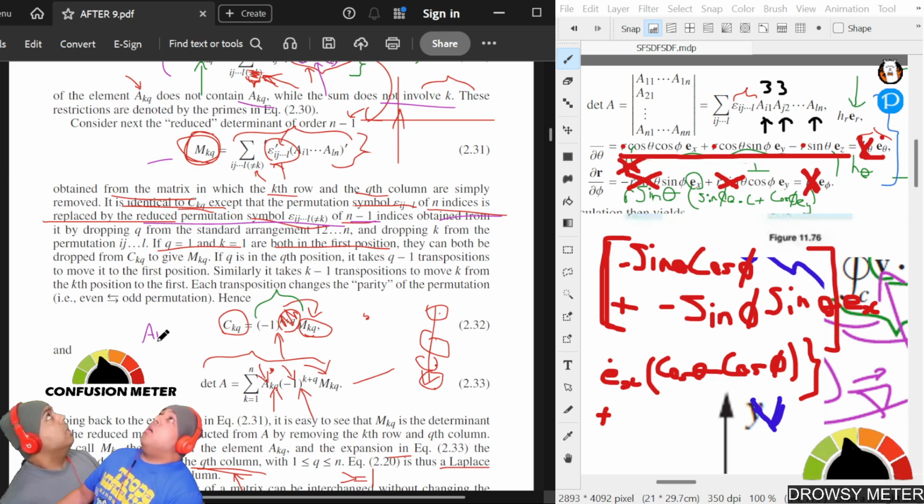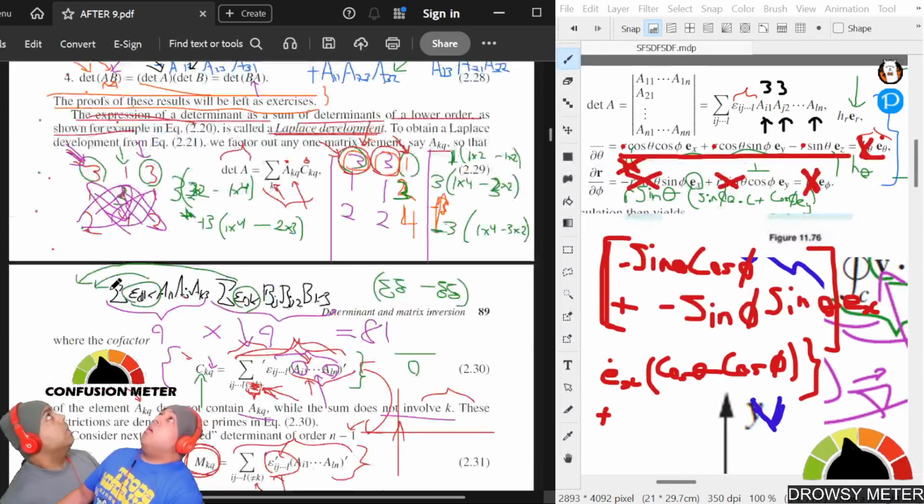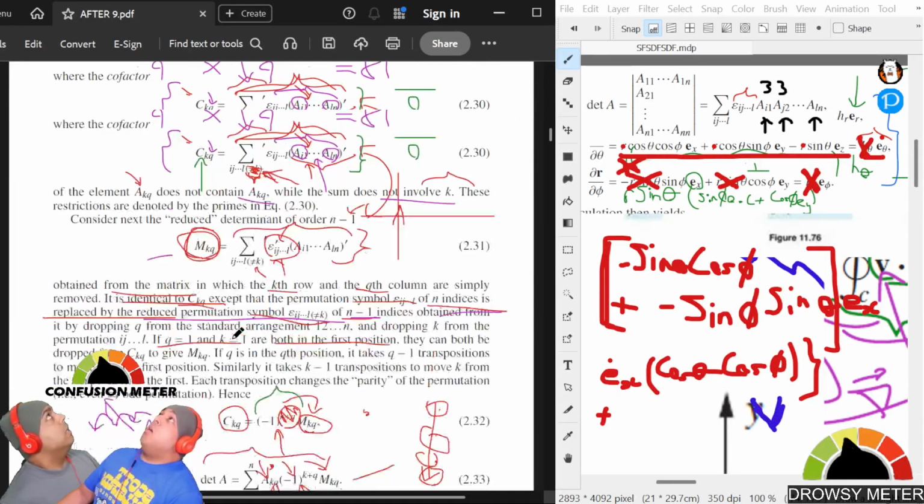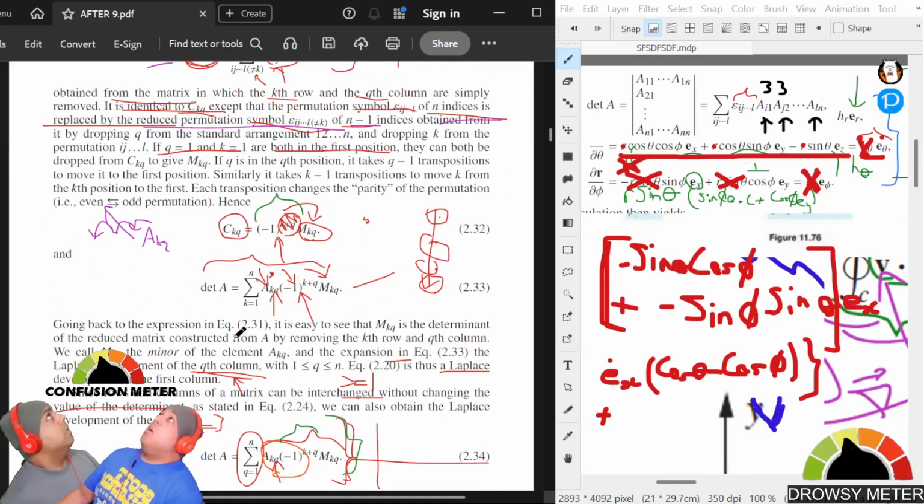if we move AKQ to the top left, everything is much simpler. And every time we move AKQ closer by one step, we add a -1 because of this rule over here. Whenever you change two rows or two columns, the determinant becomes negative instead.